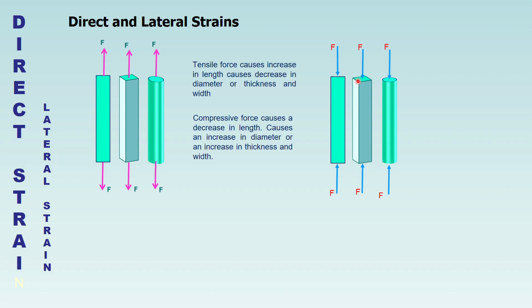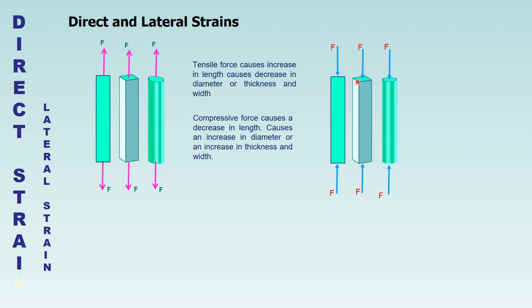If you take the reduction in length over original length, you have direct strain. If you take the increase in thickness over original thickness, as well as the width, you will get lateral strain.